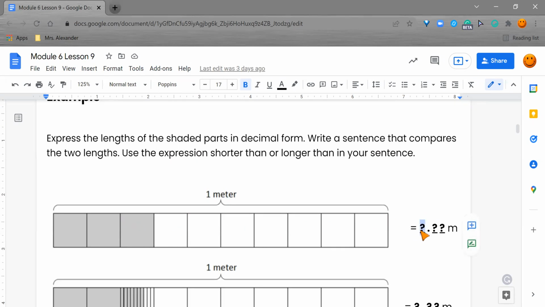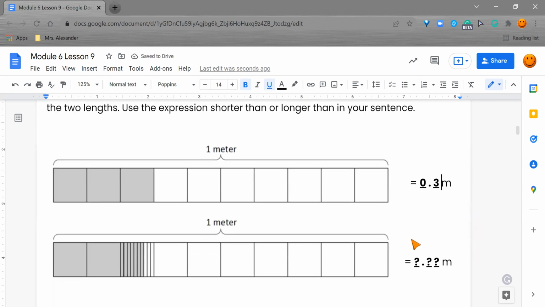So right now I'm seeing that I have a 0 and a 3. This I could write a 0 or just delete. Either way, it's okay. So I'm just going to go ahead and put a 0 there, because what we're looking at right now is the fact that I might have double-digit hundredths on the bottom one.